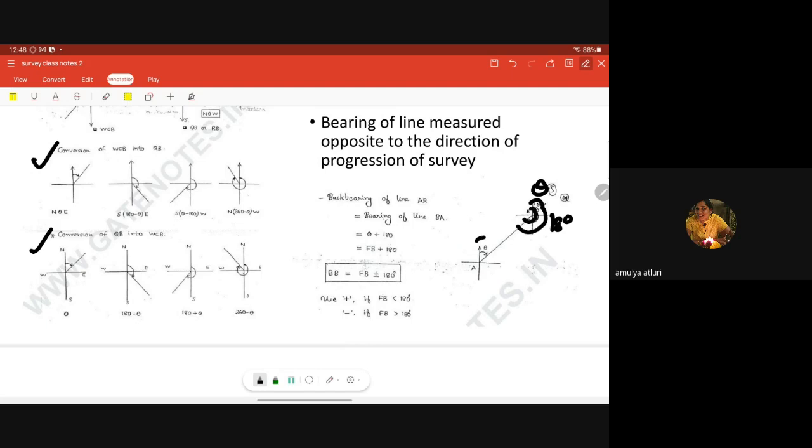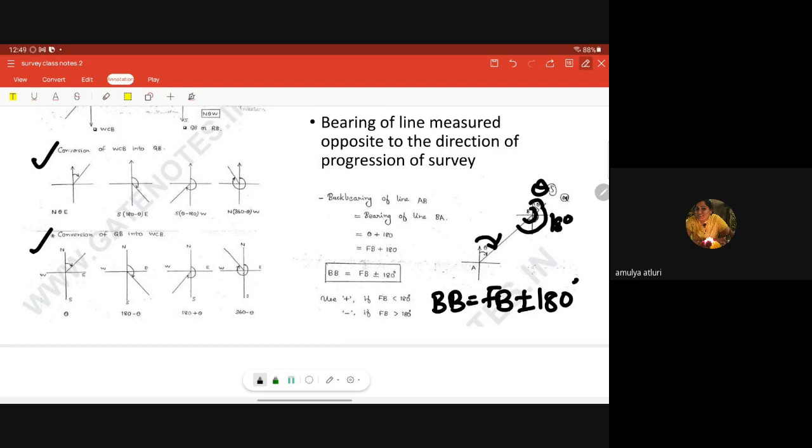Theta is nothing but your forebearing, the angle measured in the direction of survey. So back bearing is equal to forebearing plus or minus 180 degrees.